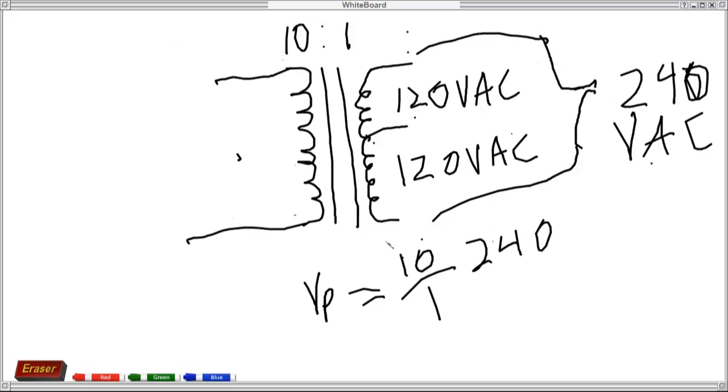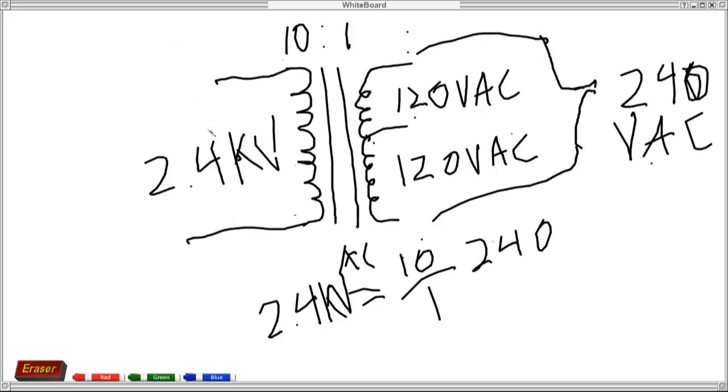Okay, so you multiply that by 10 divided by 1, and what you end up getting right here is 2.4 kilovolts AC.